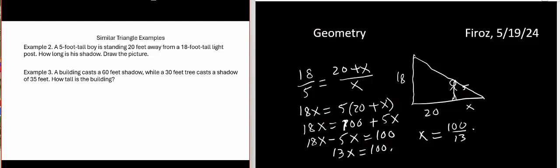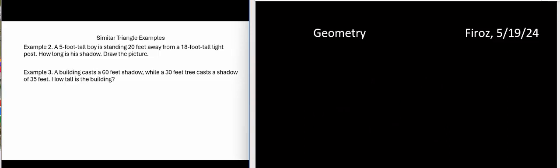This one is saying that a building casts a 60 feet shadow while a 30 feet tree casts a shadow of 35 feet. How tall is the building? Okay, let us draw the picture. So we have a tall building here, and then we have a tree here.